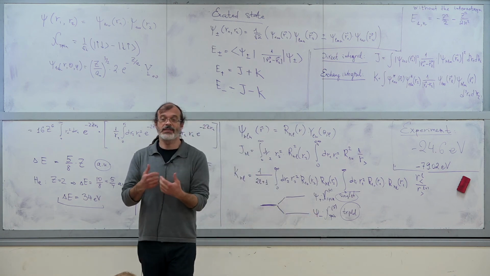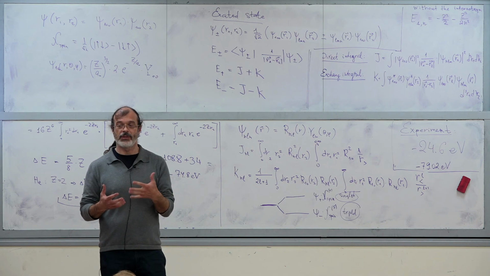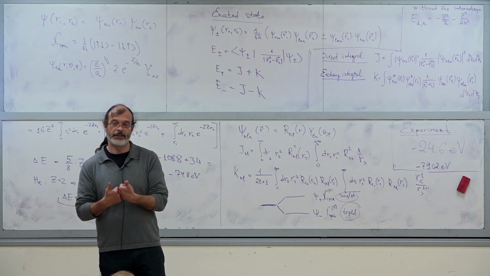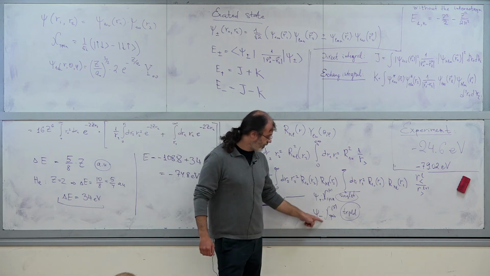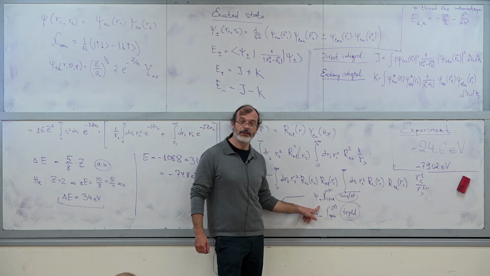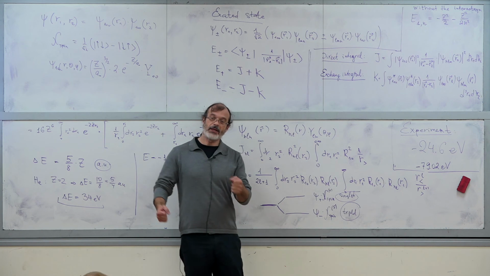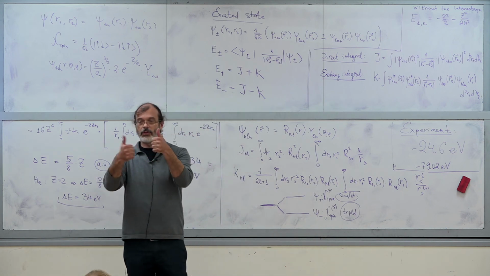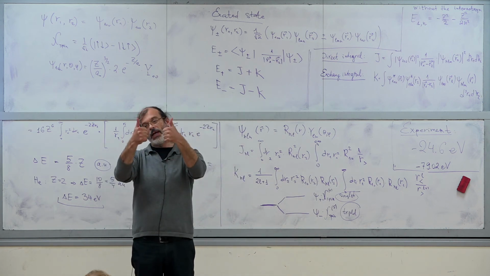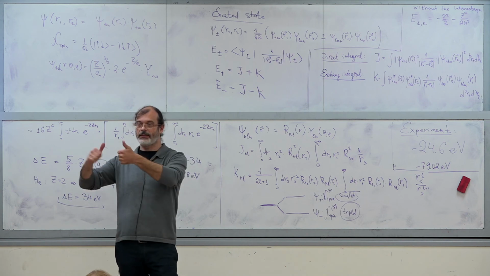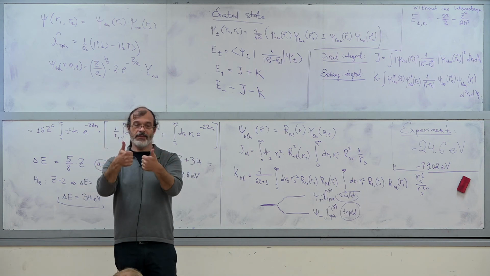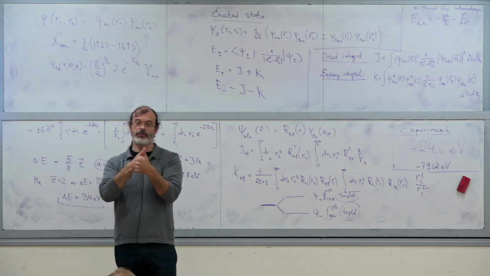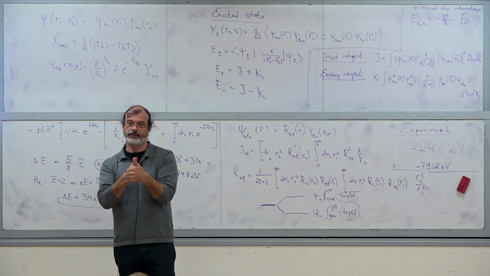They cannot sit on the same position because they have the same spin state. The Pauli principle says that this wave function has to be antisymmetric, so electrons have the same sort of spin, up up, or down down, or up down plus down up. In any case, they cannot occupy the same position in space due to the Pauli principle.